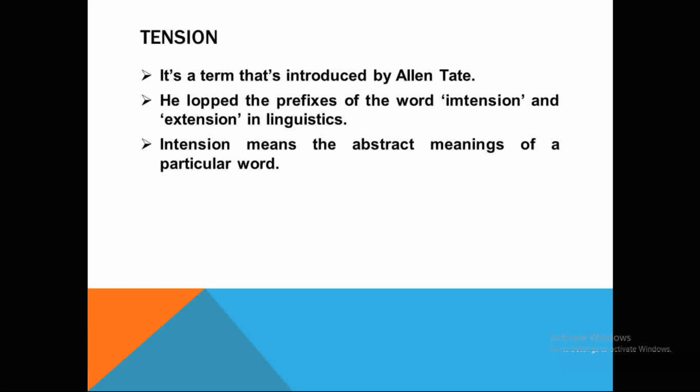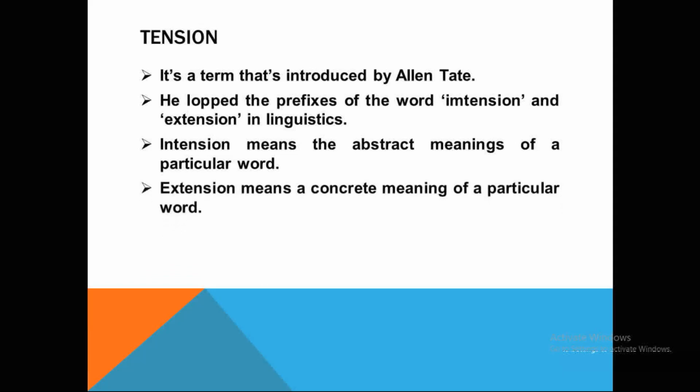But that doesn't mean the exact terminology or the word as such. So intention is actually the abstract meaning of the word, and extension in linguistics means the concrete meaning of that particular word. For example, crown, kiridam, is the exact concrete meaning of that particular word.